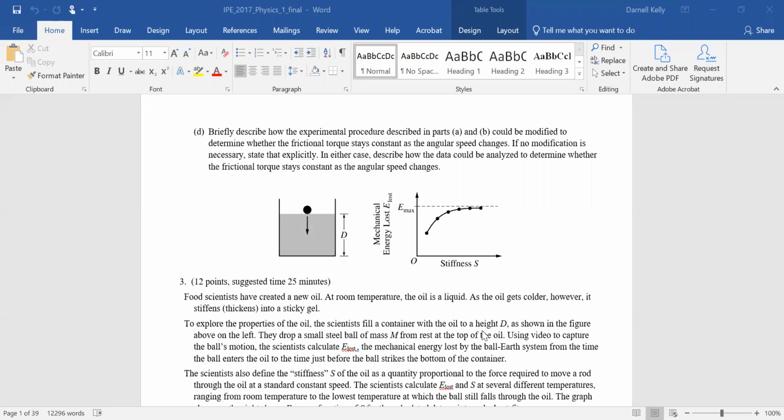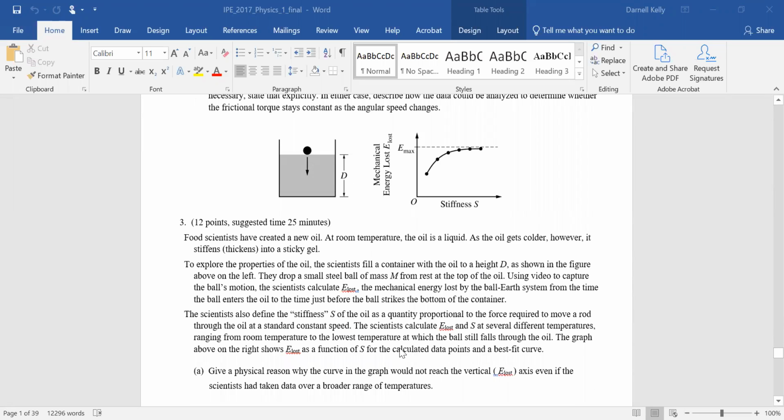So we can see a gradual increase to the maximum energy lost, because this viscous medium, this oil, is taking energy away. And it's gradually going to take it all the way to zero. It's going to gradually take it all away, so the object's going to come to rest. But it's gradual. Kind of answering the questions already.